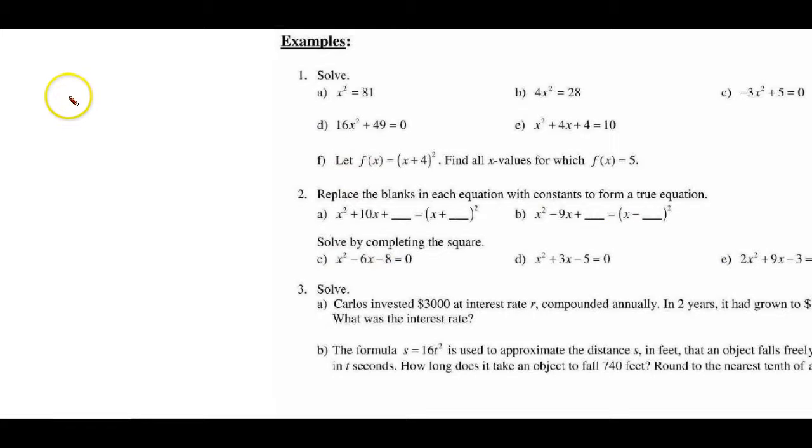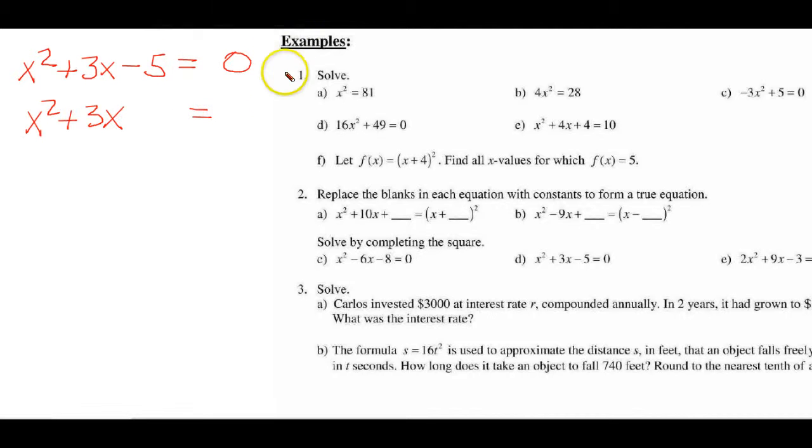Now this next one's a little more challenging, so let's write it up here. So it's x squared plus 3x minus 5 equals 0. So we go x squared plus 3x.